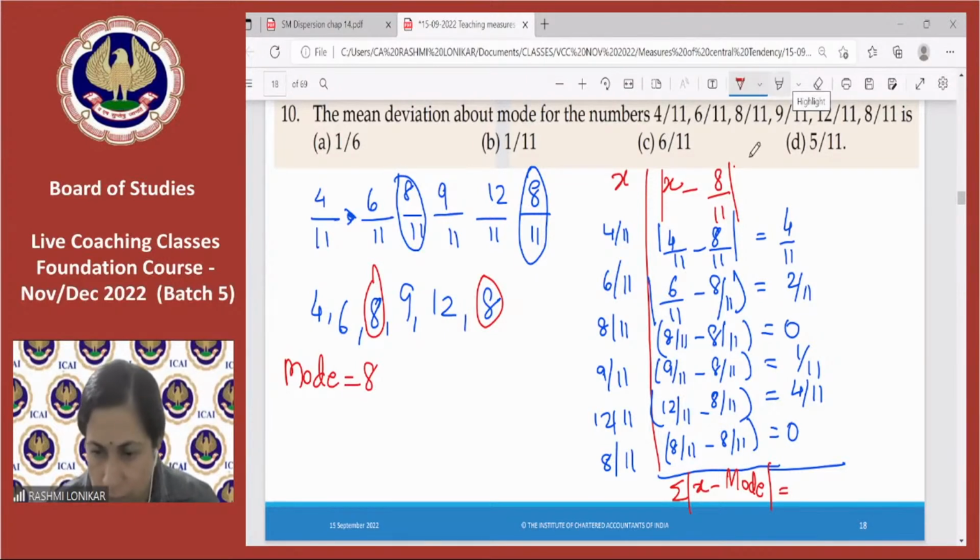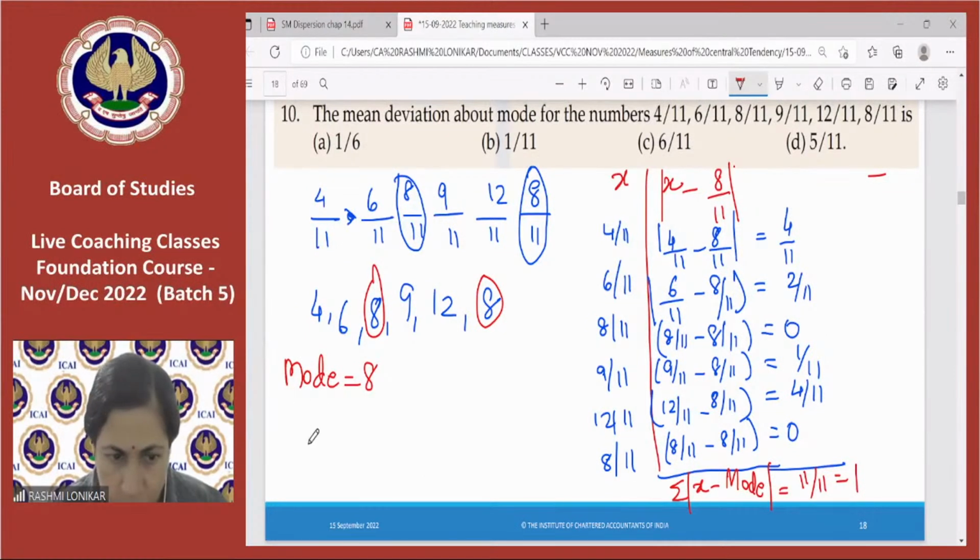That is 11 upon 11, which is equal to 1. So summation of x minus mode is equal to 1. So mean deviation about mode for the numbers is 1 upon 11.